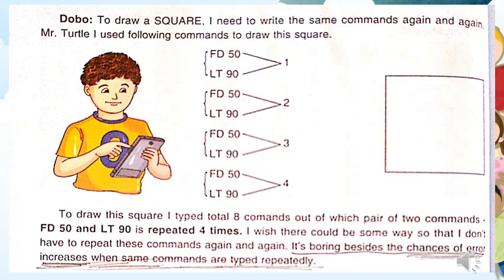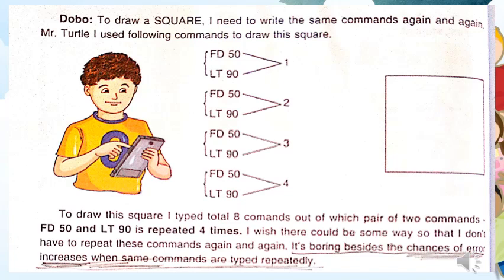Then Dobo says, "To draw a square I need to write the same commands again and again. Mr. Turtle, I used the following commands to draw the square." I will show you on the screen: FD 50, LT 90, one per line, repeated 4 times.